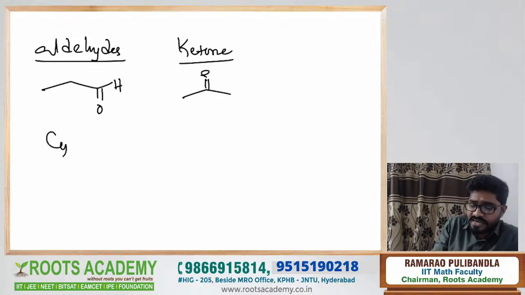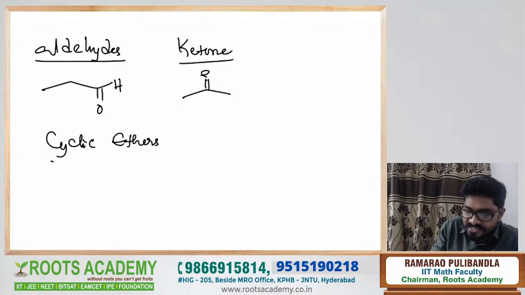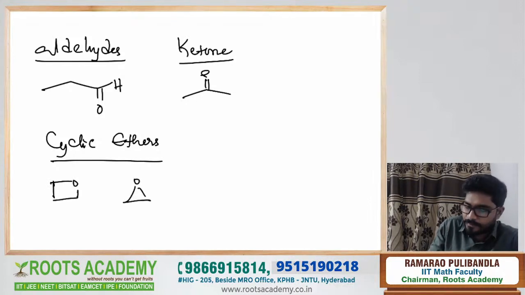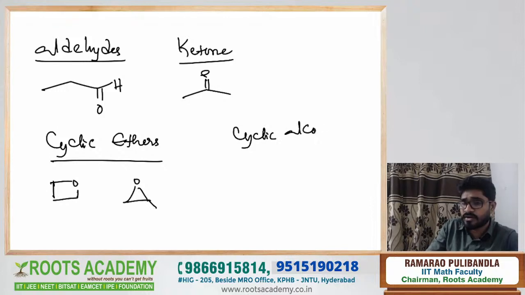Next, we can write the cyclic ethers, guys. First, think of all the categories. This is a cyclic ether, and this is a cyclic ether. This is also a cyclic ether. These two. Next, if it is cyclic ether, we can also write cyclic alcohols, no?